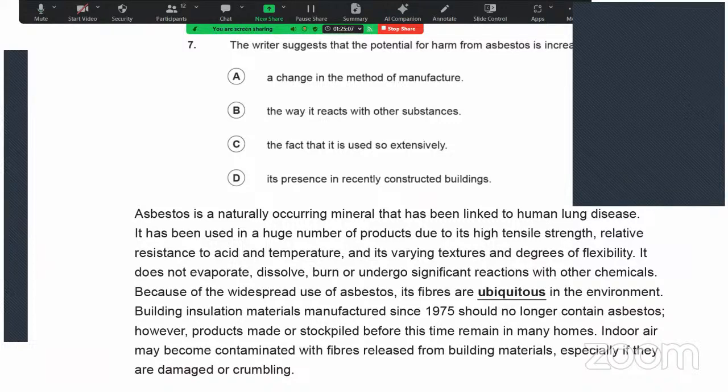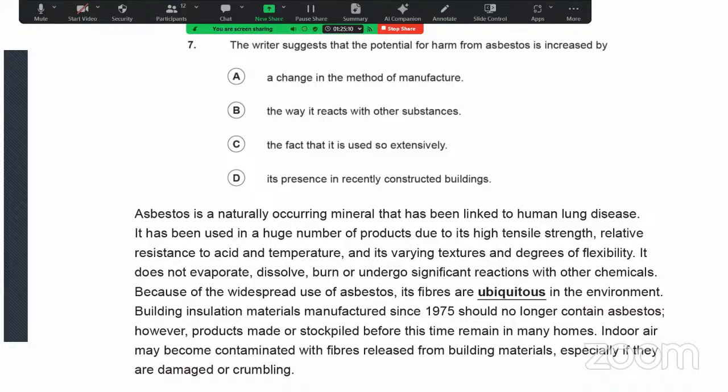Yes, sir. I chose C as the answer because the first line says that asbestos is a naturally occurring mineral that has been linked to human lung disease. That's not the point. The other line says it has been used in a huge number of products due to its high tensile strength. So its use is more.